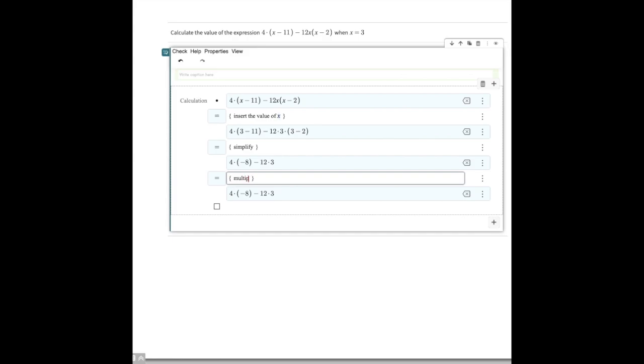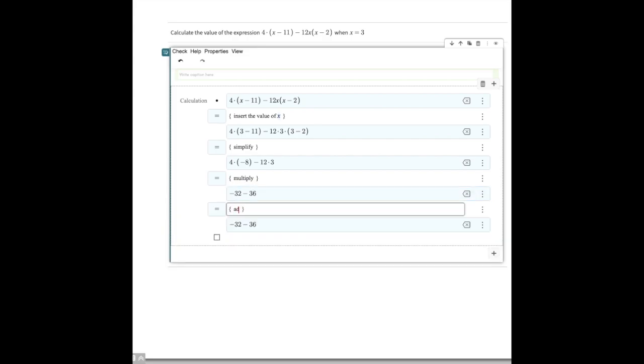We have multiply, and this will be minus 32 minus 36, and altogether this gives us minus 68.